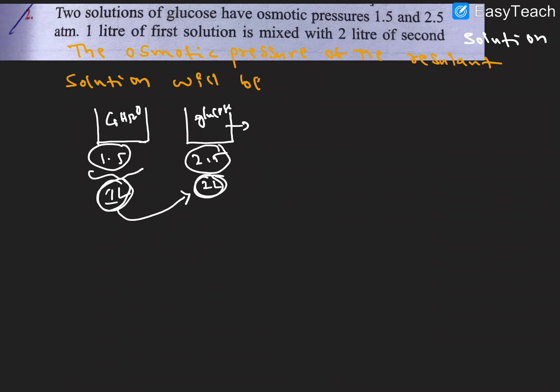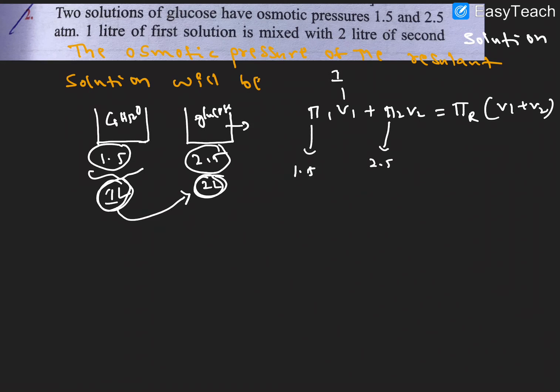So which formula can we use? Already we discussed in theory: pi1 V1 plus pi2 V2 is equal to the resultant osmotic pressure times the total volume, V1 plus V2. Here pi1 is 1.5 with volume 1 liter, and pi2 is 2.5 atmosphere with volume 2 liters.